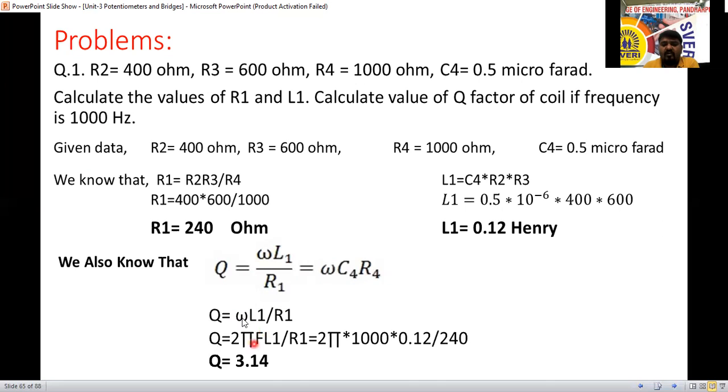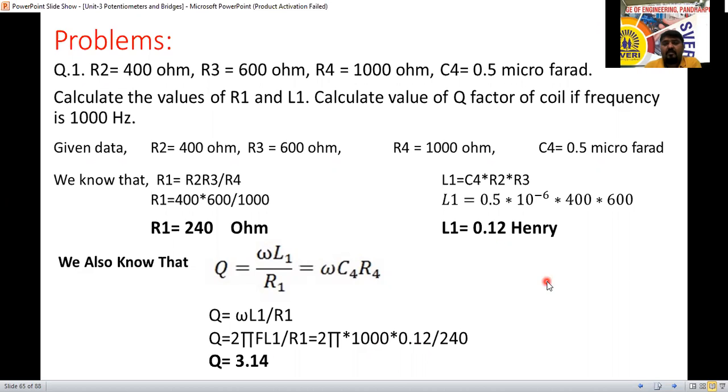Omega equal to 2 pi F, so 2 pi into 1000, and L1 equal to 0.12, divided by R1, that is 240, equals 3.14.